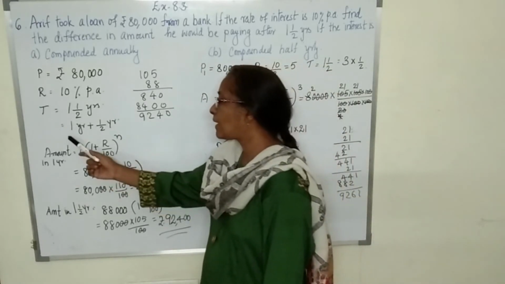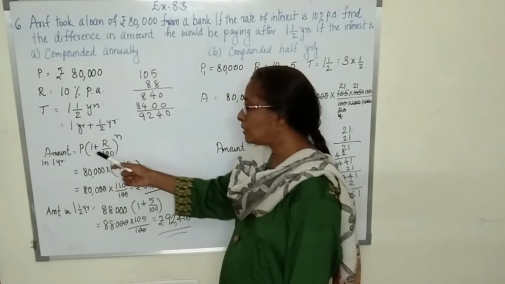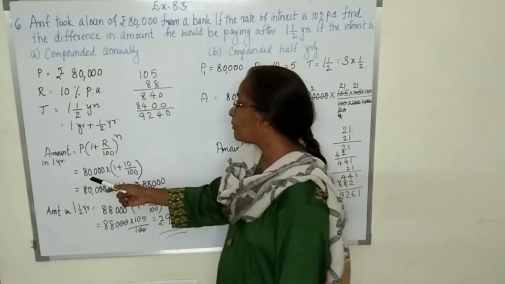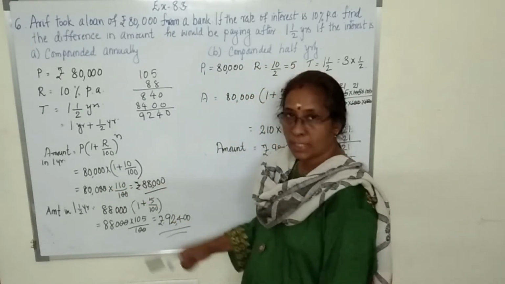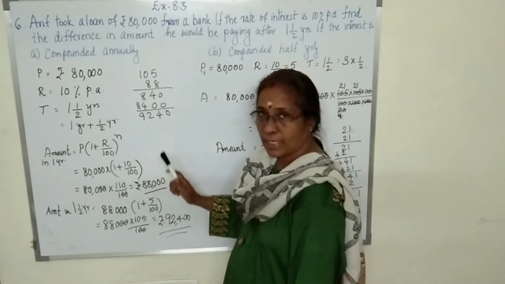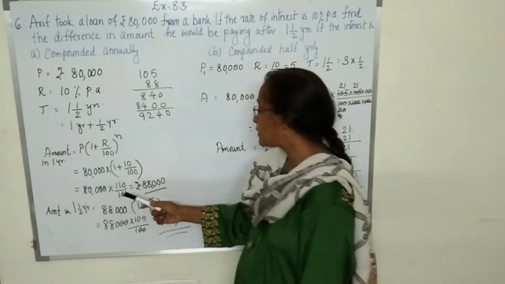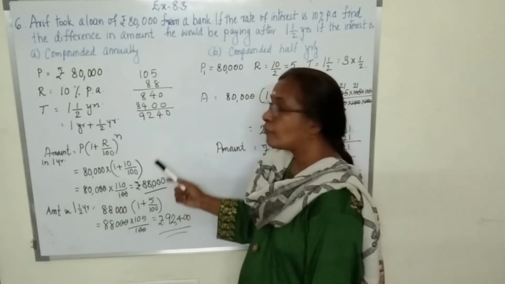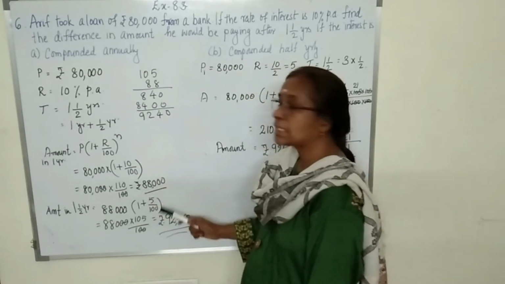So first let us find the amount for 1 year. Using the formula, when we substitute values, it will be 80,000 into 1 plus 10 upon 100. N will be 1 here because it is for the first year. So when you do cancellation, we get 88,000. Now for the next half year, we have to find the interest for this amount.